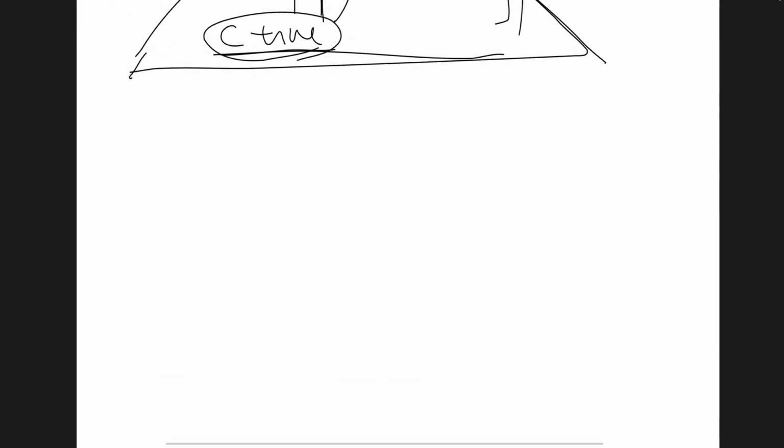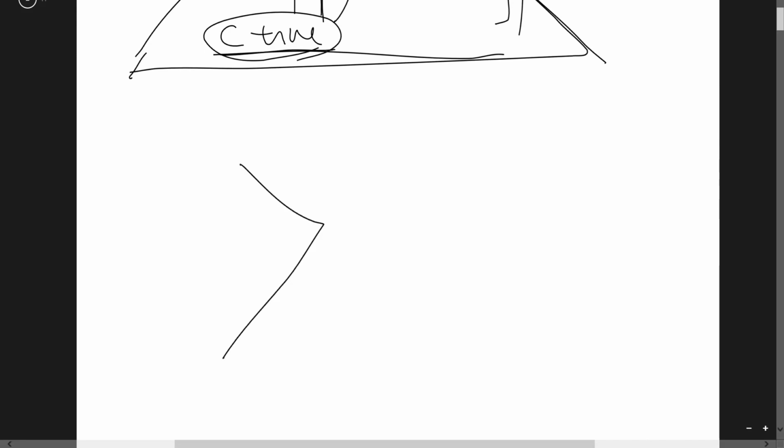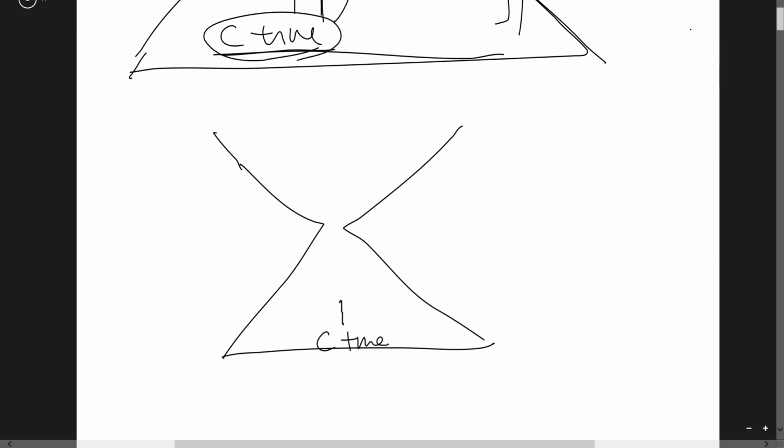So a normal proof usually looks like this hourglass. At the bottom, we have the goal judgment, and we keep applying introduction rules and move upward. So these are applications of introduction rules.